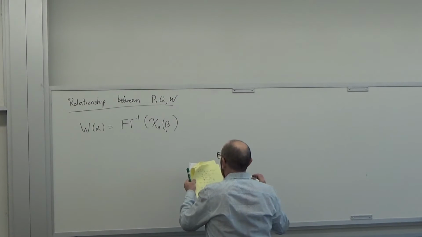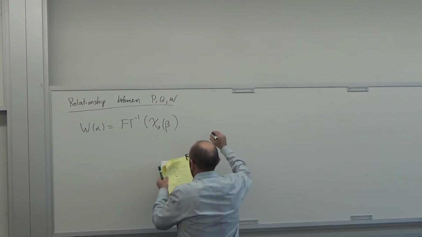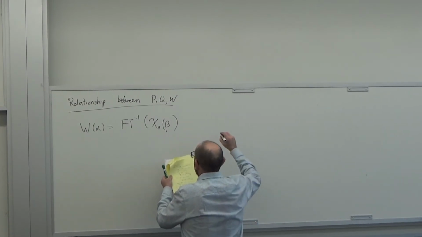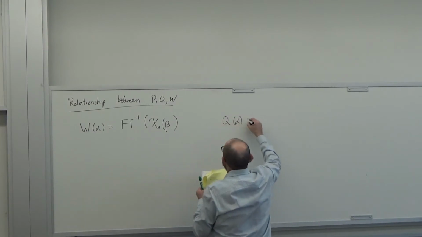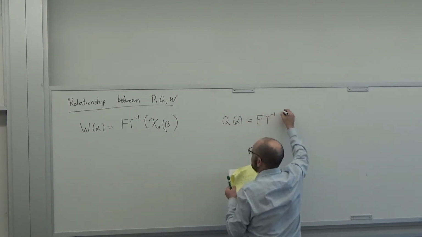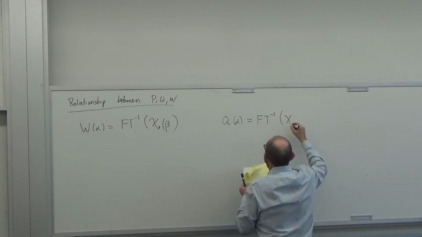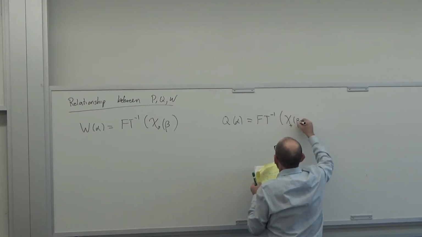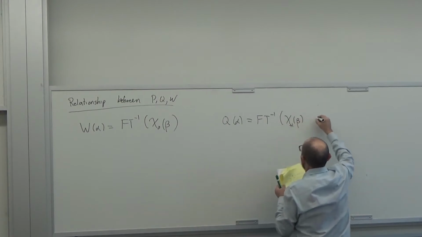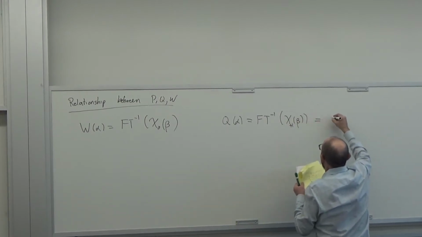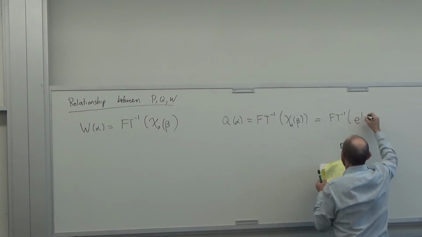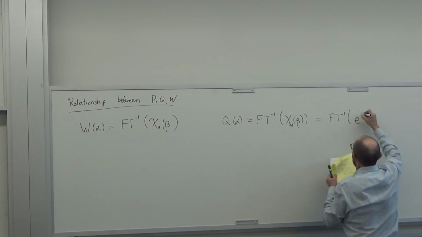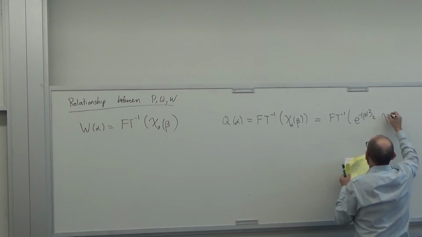So, for example, I can look at the Q function: it is the inverse Fourier transform of the normally ordered characteristic function. But that is the inverse Fourier transform of the Gaussian factor times the normally ordered guy.